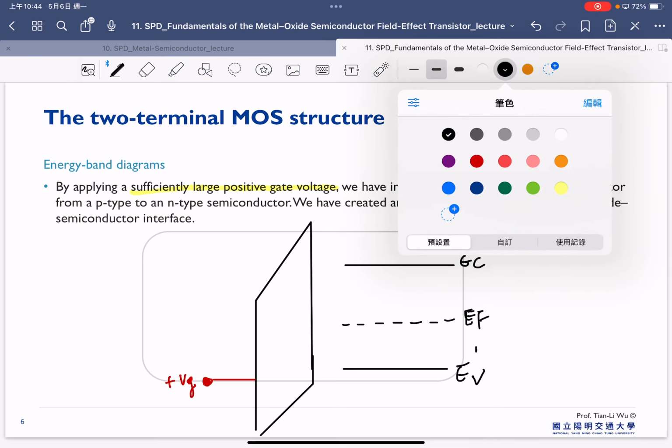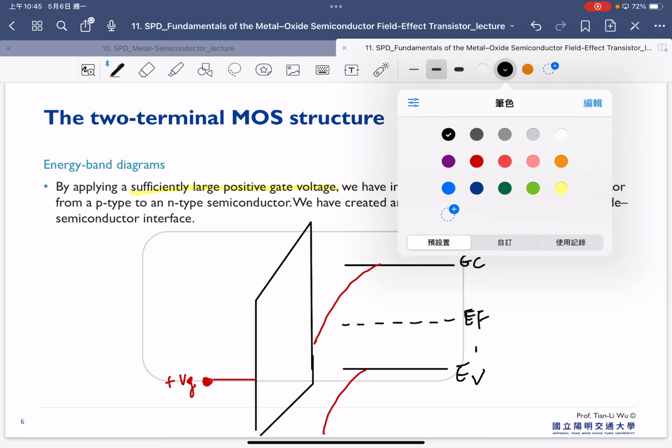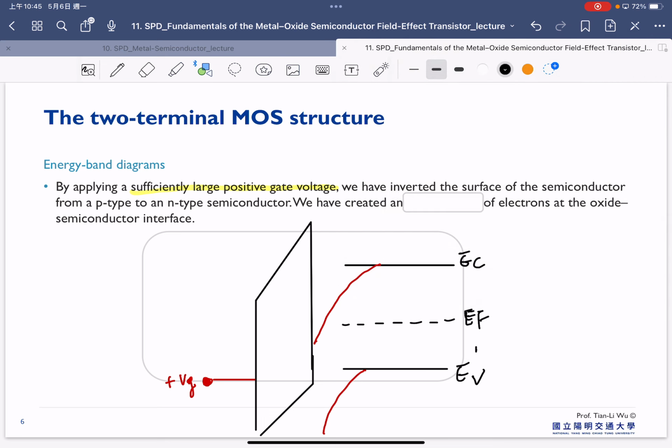So now we have very strong band bending here. This is just because the drawing is not very precise, but ideally this should be somewhere like here.